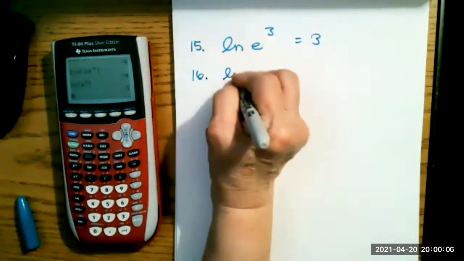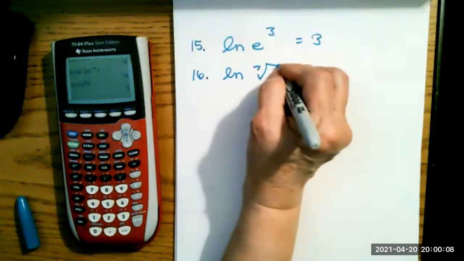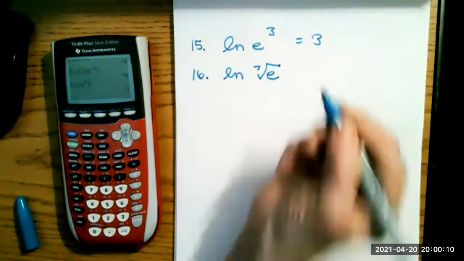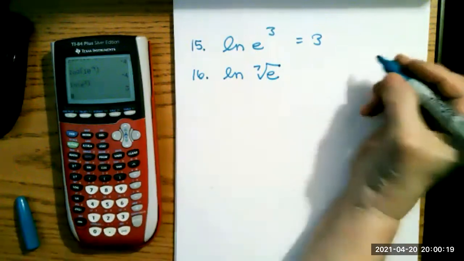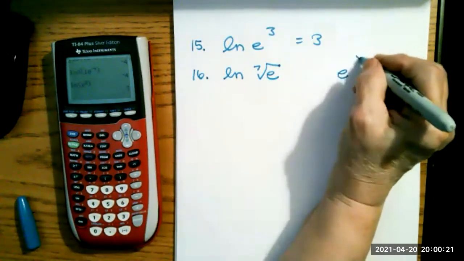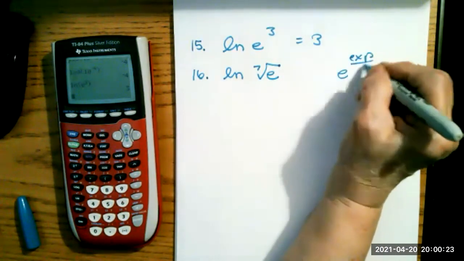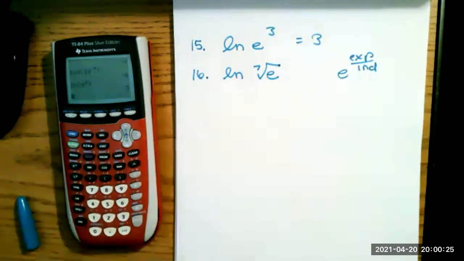All right, 16. The 7th root of E. Can you do that one? The 7th root of E. Remember that little thing about exponent over index rule. It might help you. 1/7? Yes.